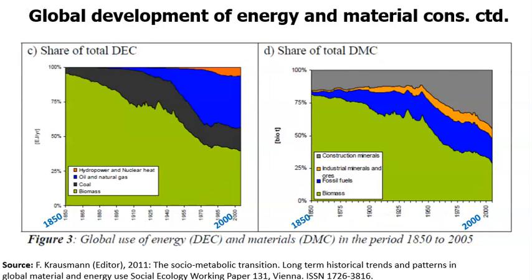And here you see the same graph but in percent. So you see that the share of biomass in total energy and material consumption declines over time and is partly replaced by fossil fuels and by non-metallic minerals and also metals for the material side. And the question is, of course, how far can this process continue?